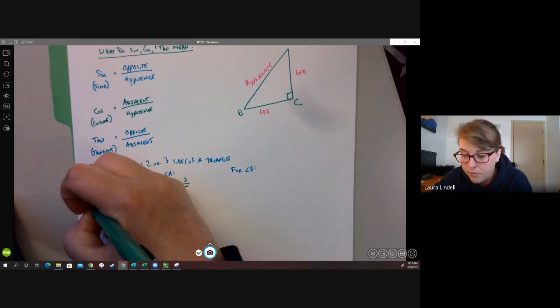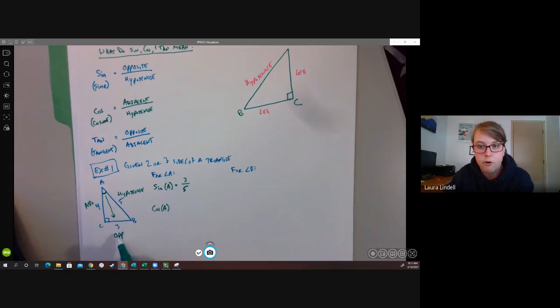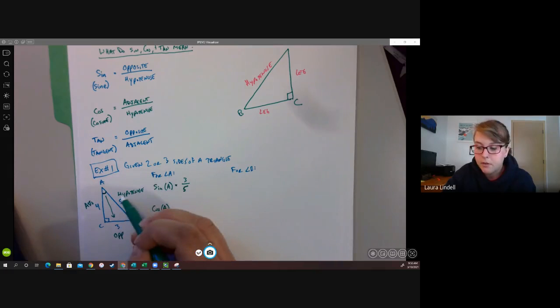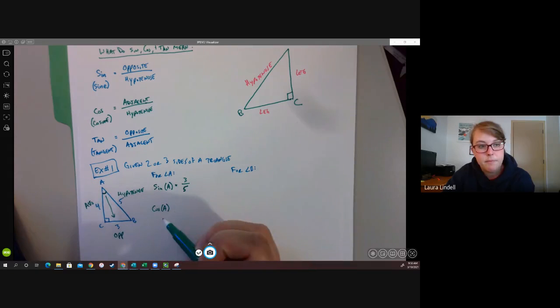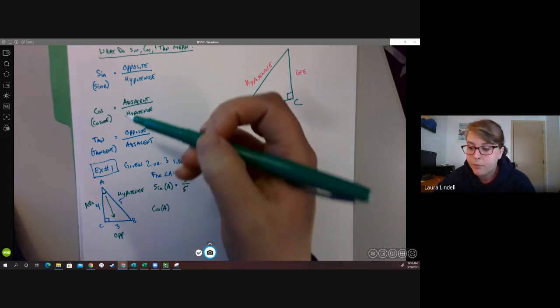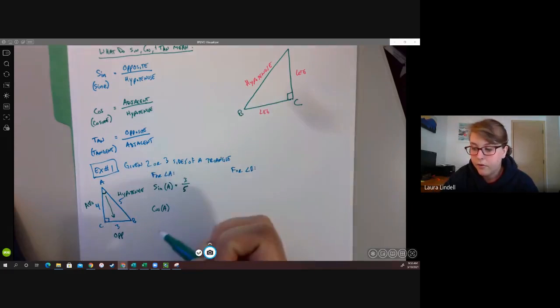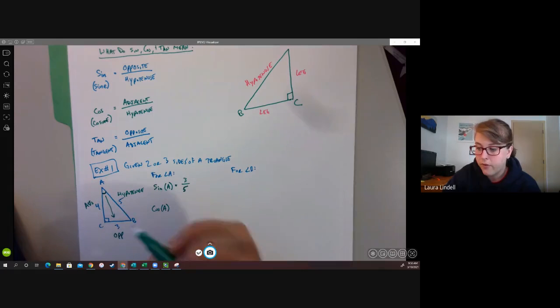A lot of times we abbreviate it as ADJ, kind of like we abbreviate opposite OPP, and the hypotenuse HYP. It's a little bit easier if you abbreviate, or at least I think so. And so cosine, we know, is adjacent over hypotenuse. So for cosine of A, we would get 4 over 5.